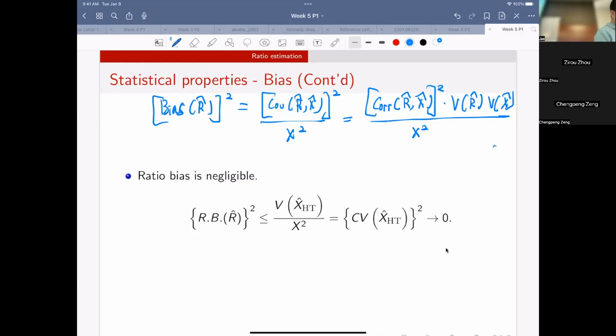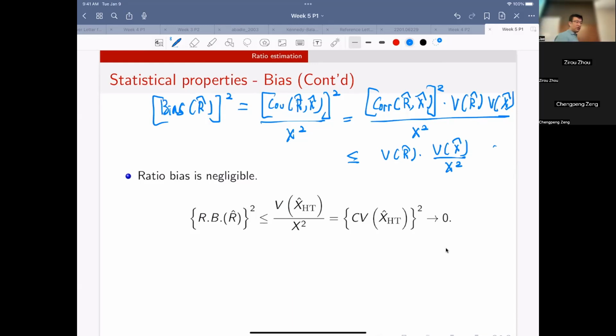So we get this because the correlation is less than or equal to one.